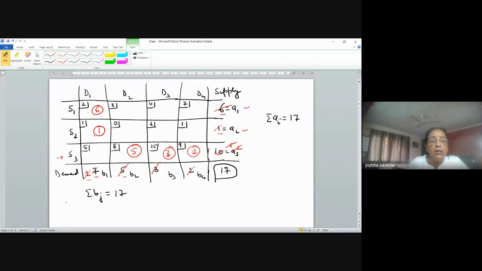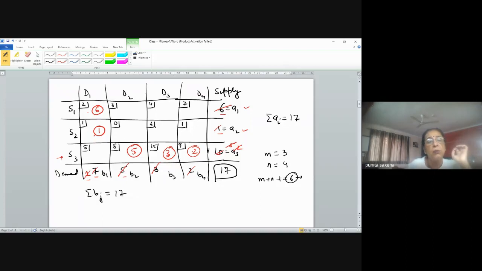Now see, the next thing that we have to check is how many allocations have we made? 1, 2, 3, 4, 5. So basically, your m was 3 and your n was 4. So m plus n minus 1 should have been 6. Remember what I said yesterday, we must check how many allocations we have made.